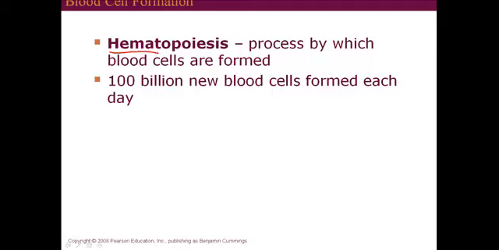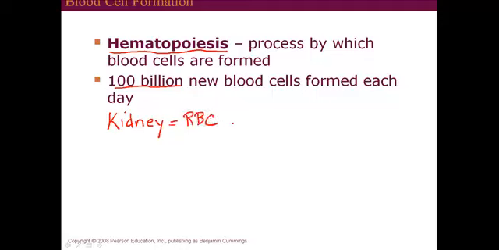Another definition, hematopoiesis is the process by which blood cells are formed. Some say 100 billion new blood cells are formed each day. Now, the kidneys are responsible for monitoring how many red blood cells are in your blood.